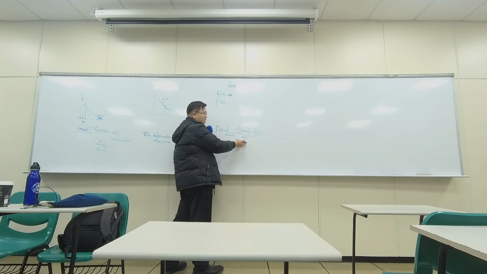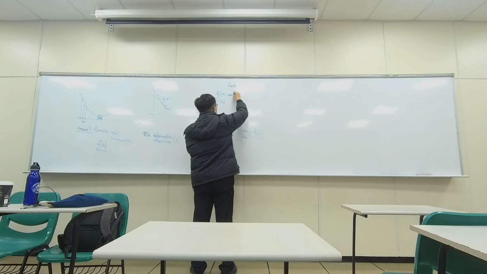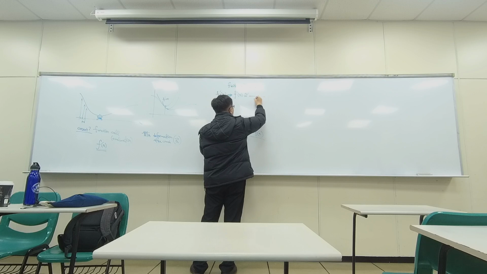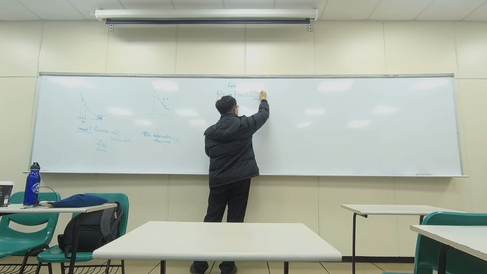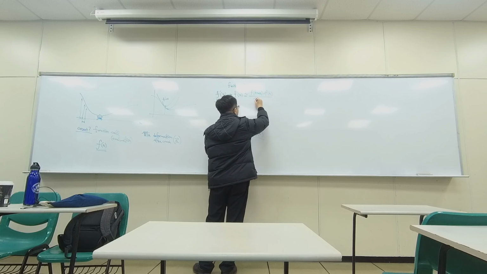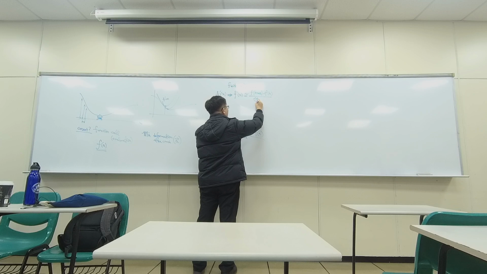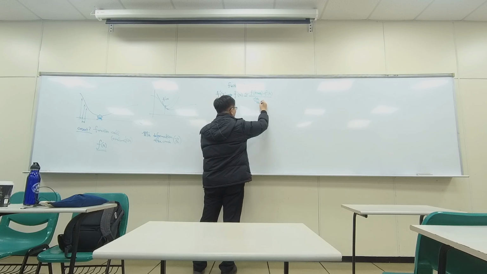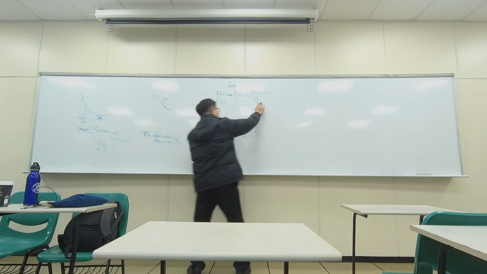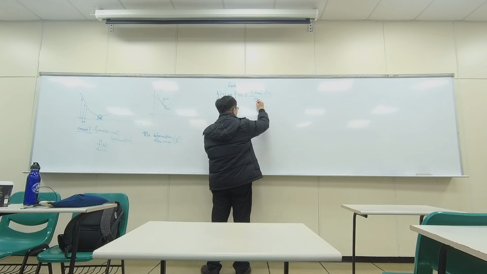It's not infinitely small. So f prime of x could be approximated by the same equation, but this time, this is just regularly small. Just a regular small number.